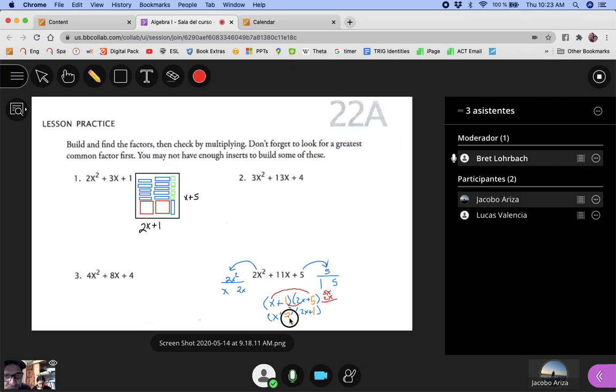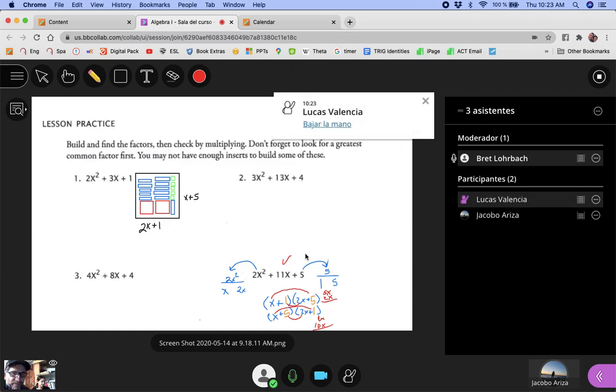I need to multiply 2 times 5 to get the big number 10, and then I can add the 1x. Pretty soon you'll be able to do that real quick. You can easily see it's the second term that gives me the 11x. So that's the correct answer. But pretty soon you'll be able to do that quickly. You won't even have to write it out.